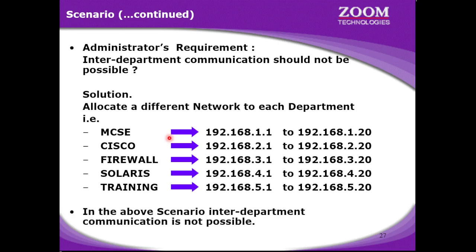So, dito sa example na to, yung inter-department communication is not possible. Okay po siya, maganda. Hindi po siya nakakapag transfer ng data or nakakapag connect with different department, no?